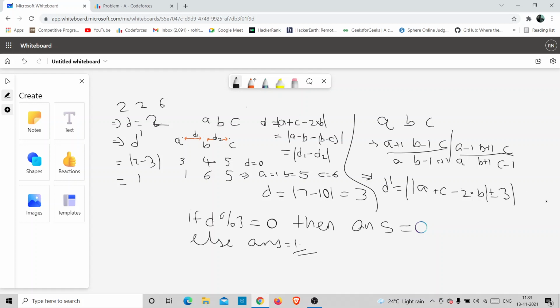It would be 4 or minus 2 inside the absolute value. So the answer would be 1 minus 3, which is minus 2, giving 2, and then 1 plus 3, which is 4.